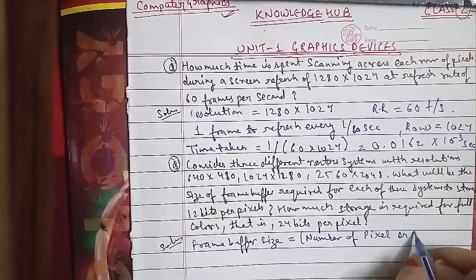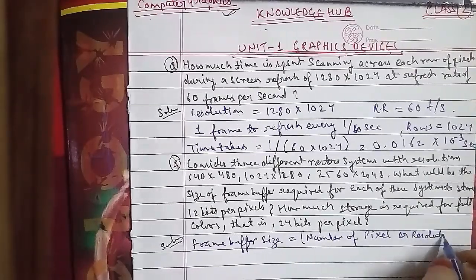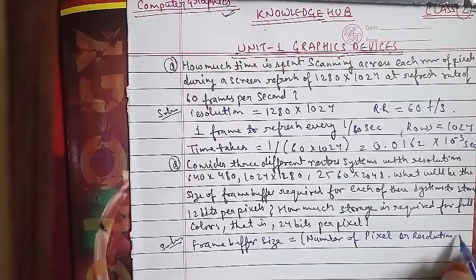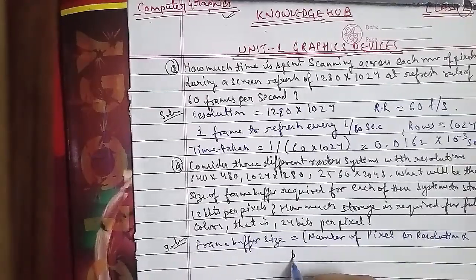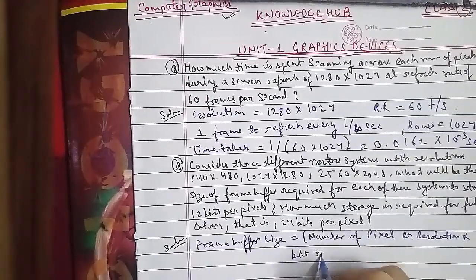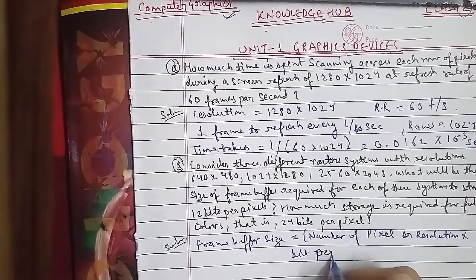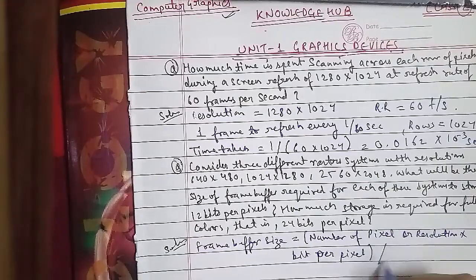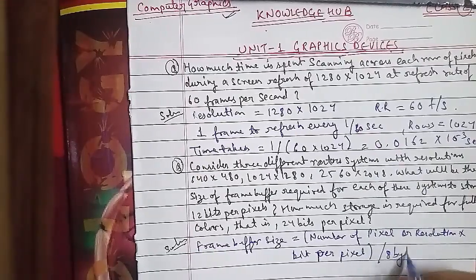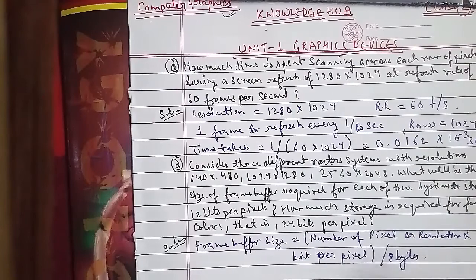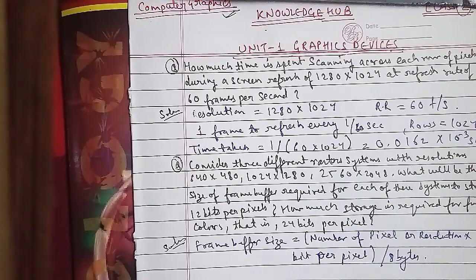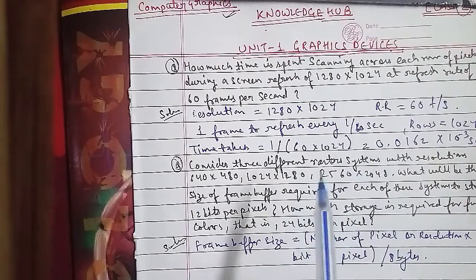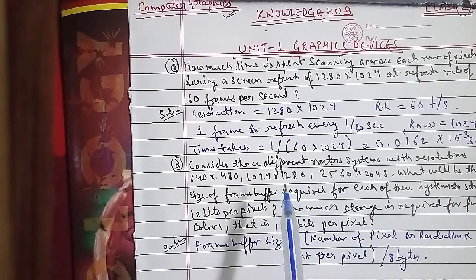So here we'll make a table, so that we'll find out each and everything for the 12 bits per pixel and 24 bits per pixel as well. With the same reference, as they had mentioned, we have to find it out for 12 bits per pixel as well as for 24 bits per pixel. So we'll make a sort of table so that we can find it out in an easy way.